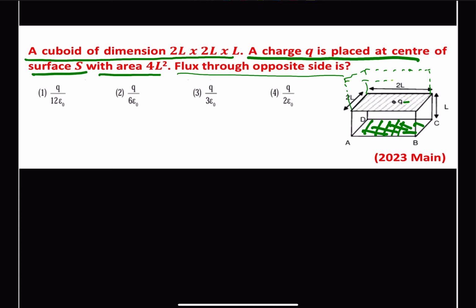Because of this cuboid the total length now becomes 2L, and the rest of the dimensions will be the same. So this will still be 2L, and the width will also be 2L.